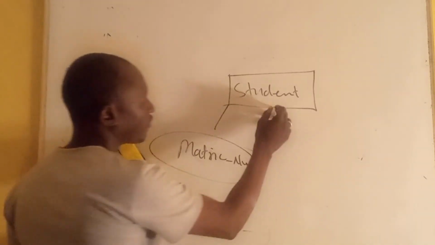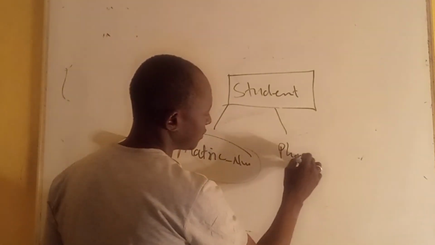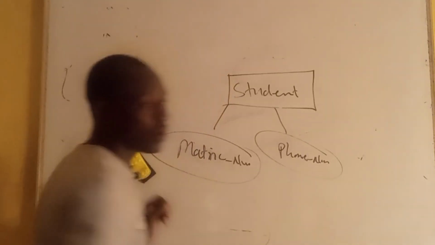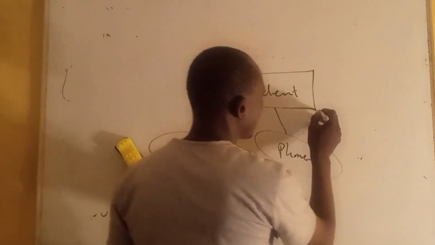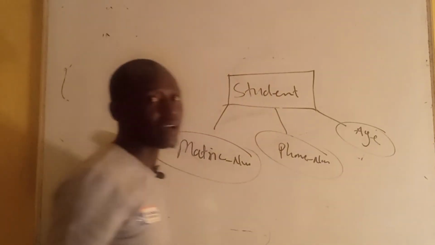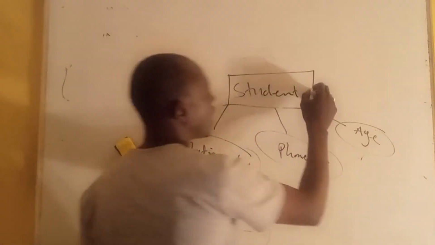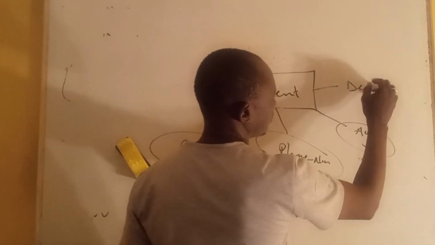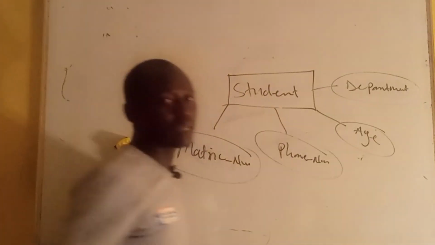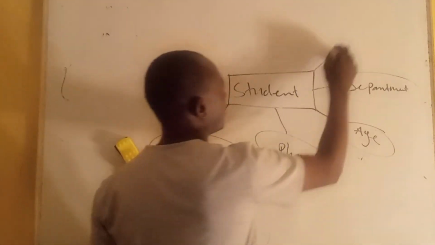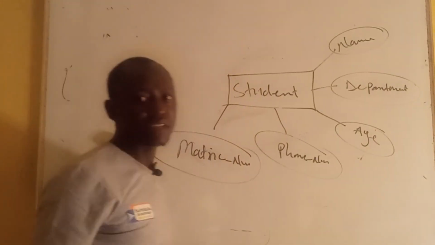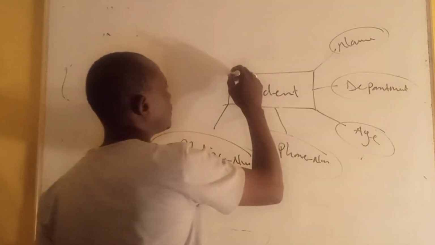We also have a phone number, represented by ovals, right? We also have age, represented by ovals, right? We also have department, represented by this. We have name like this, right? So we have DOB.